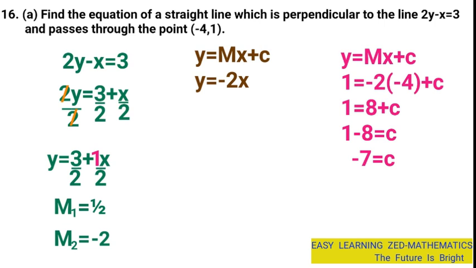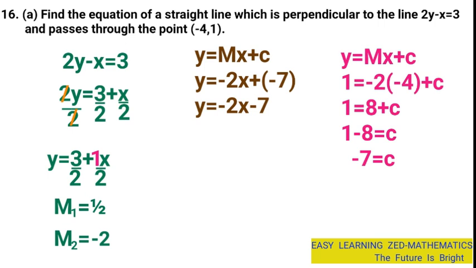So we're going to write y is equal to negative 2x plus negative 7. Remember, we are adding. When we multiply a positive by a negative, we get a negative, so the answer there is negative 7. So the equation will be y is equal to negative 2x minus 7.